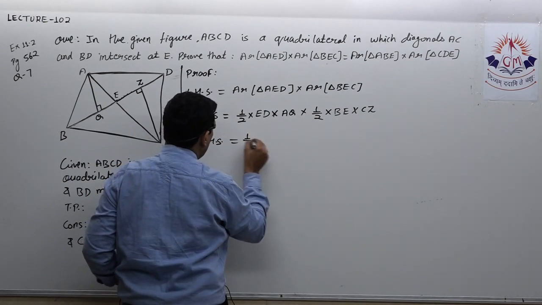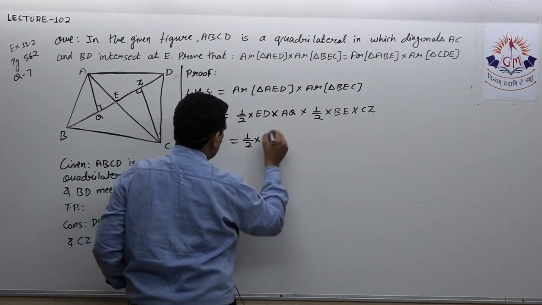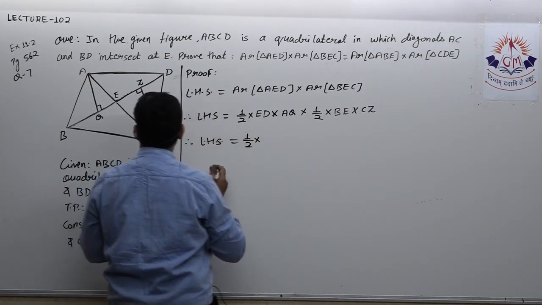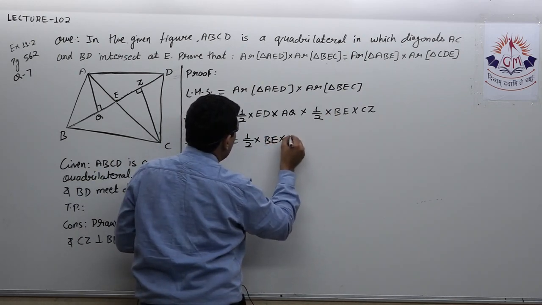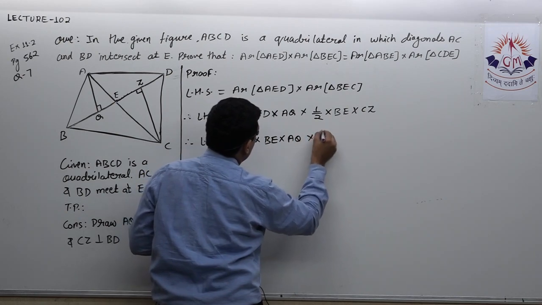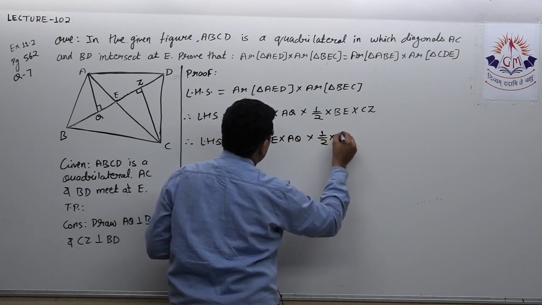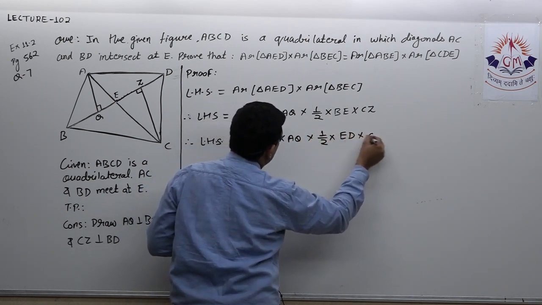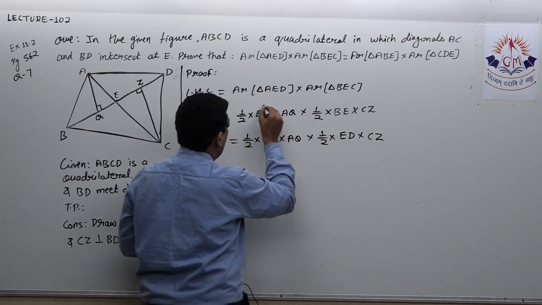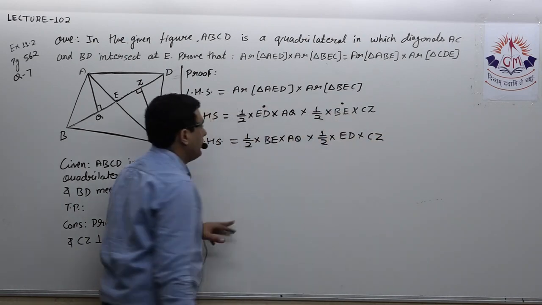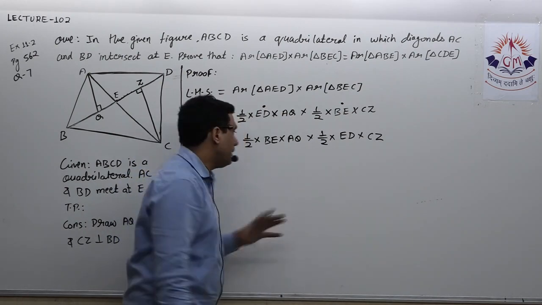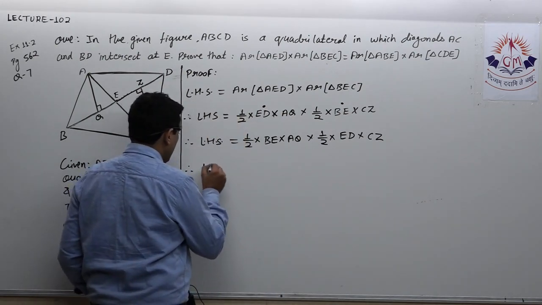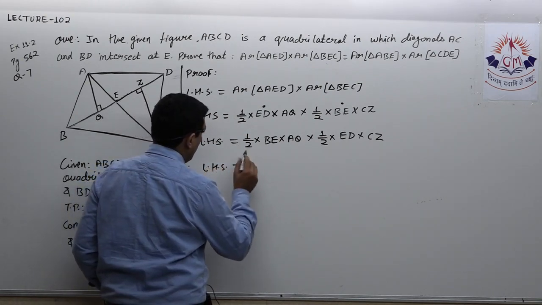So I write the same thing in a different order: 1 by 2 into BE multiplied by AQ multiplied by 1 by 2 into ED multiplied by CZ. Simply, I interchanged these two terms, and as they are in multiplication, the result remains the same.